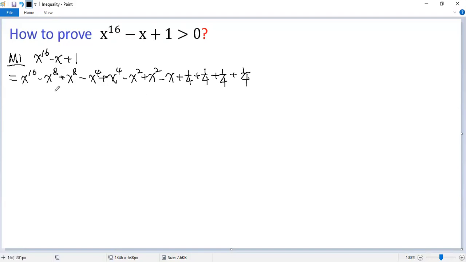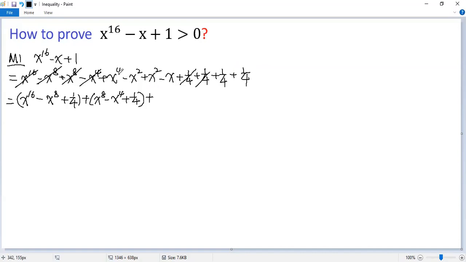Now we group them. The first group: x to the power of 16 minus x to the power of 8 plus 1 quarter. The second group: x to the power of 8 minus x to the power of 4 and then plus a quarter.